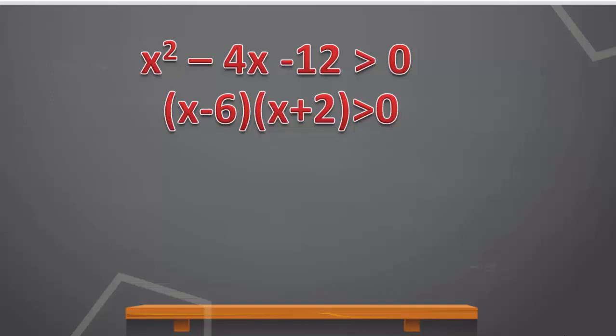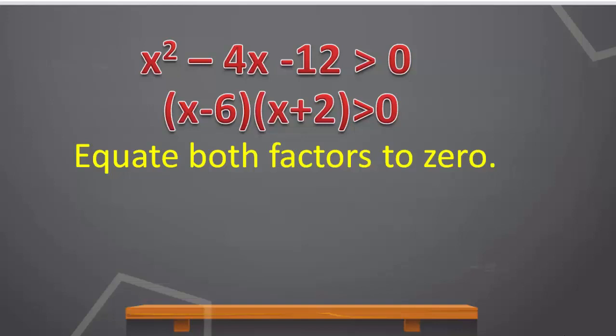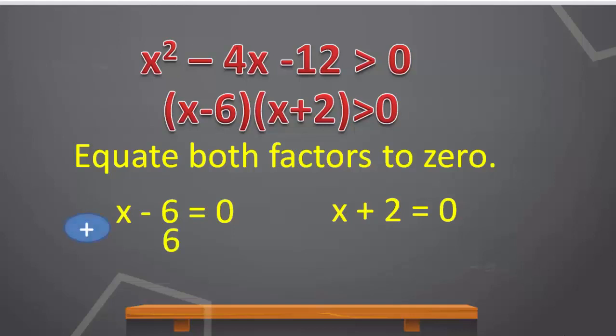Let us equate both factors to 0. So we have x minus 6 equals 0 and x plus 2 equals 0. Then solve for the value of x. In x minus 6 equals 0, if we add positive 6 on both sides of the equation, we get x equals 6.